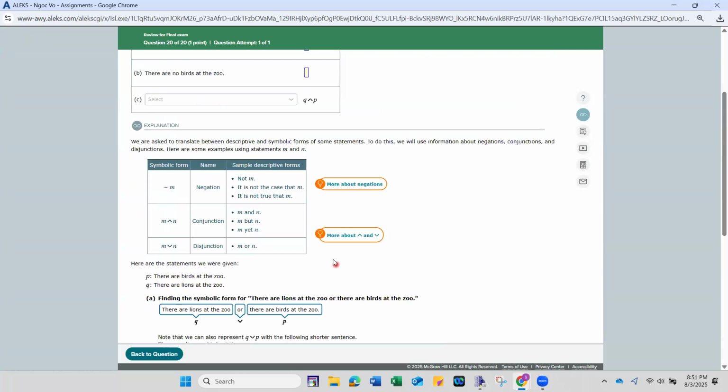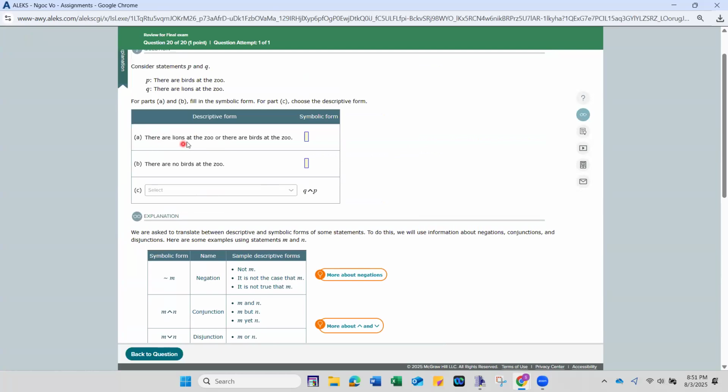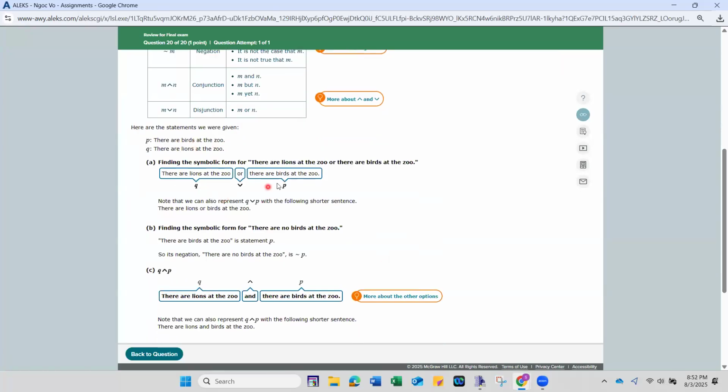In this statement, the very first statement, there are lions at the zoo, represents statement Q. The connective here is or, and the next statement, there are birds at the zoo, represents statement P. That's the reason the symbolic form of this compound statement becomes Q. For the or, we use the symbol that looks like the English letter V. And then the next statement is P. So the compound statement becomes Q V P.